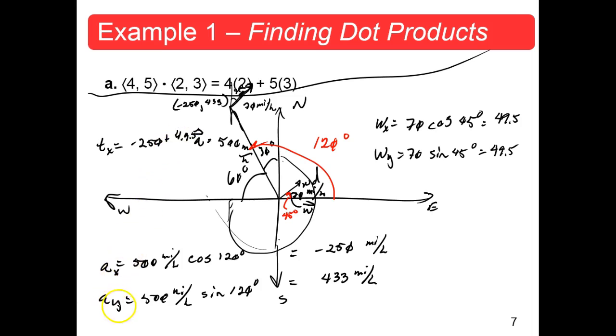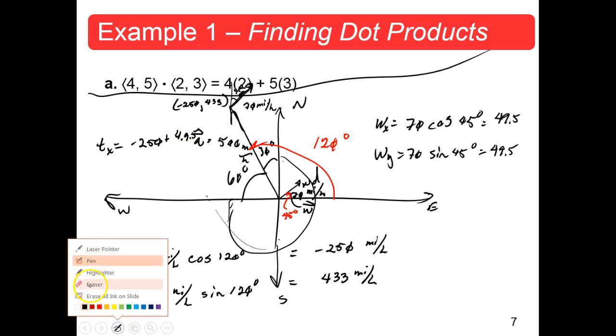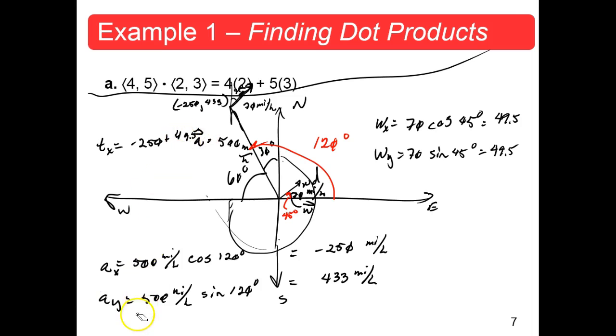I can't write well, okay? Somehow I got an extra dot in there.